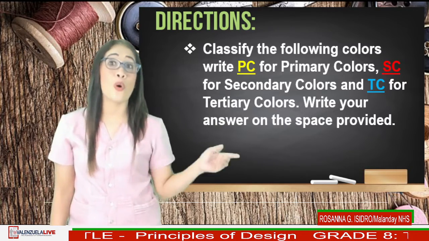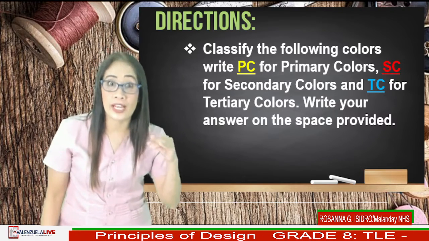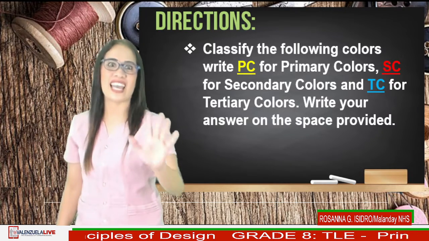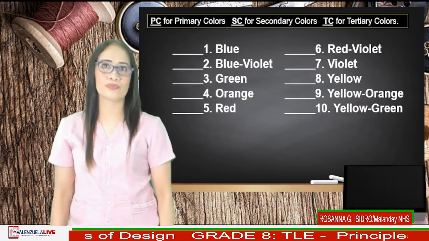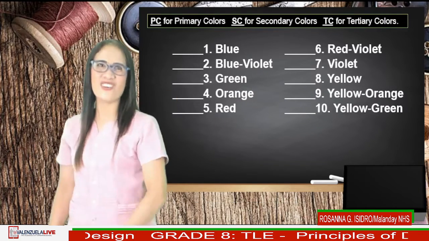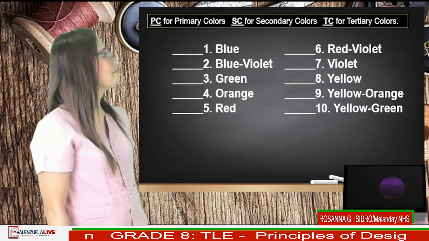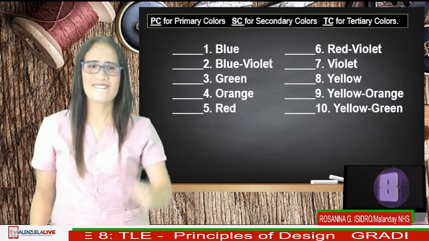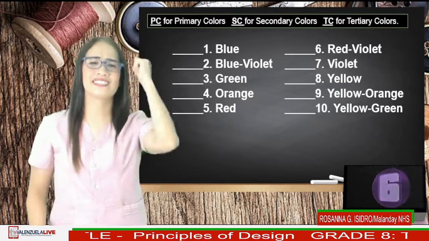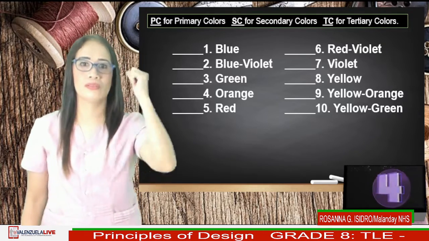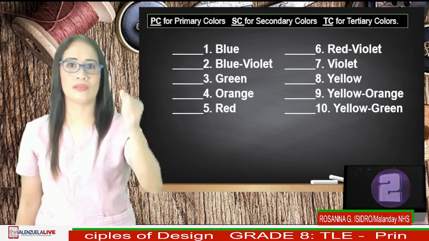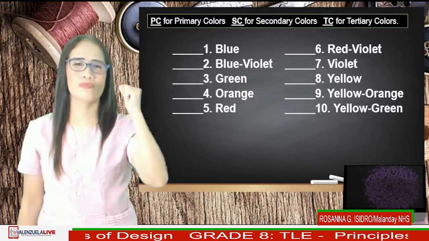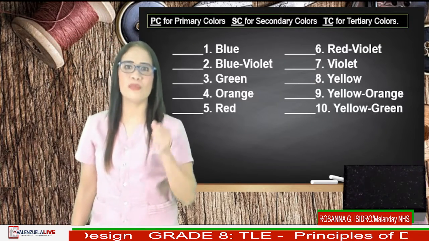Write your answer on the space provided. You have 10 seconds to answer. Your time starts now. 10, 9, 8, 7, 6, 5, 4, 3, 2, 1. Whoops, your time is up.